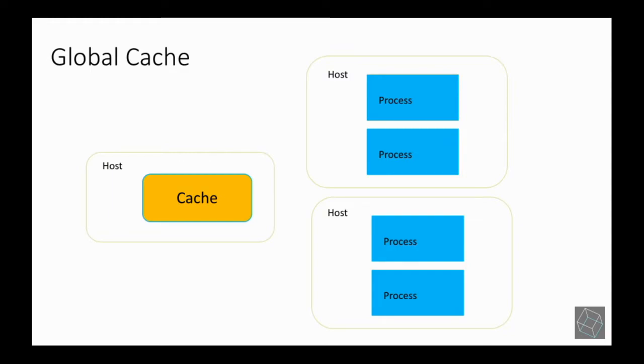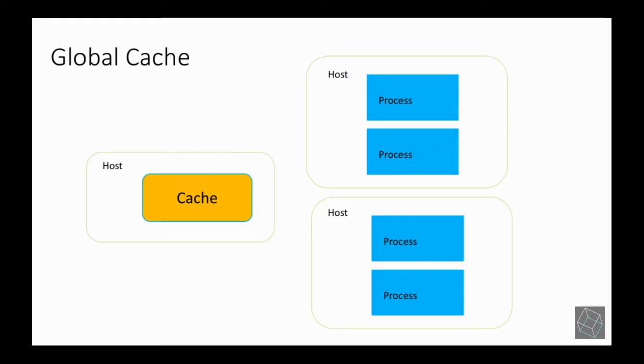So the complexity of this cache increases, because now the caching technology has to handle network connectivity, network failures, low latencies, retry, timeout, and a lot of factors which are related to the network. It also has to ensure that some level of security is maintained, so that only the processes which are supposed to access the cache are accessing the cache, and no other processes are accessing the cache.